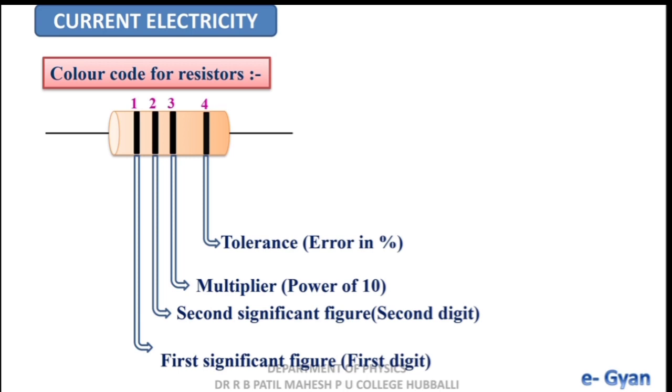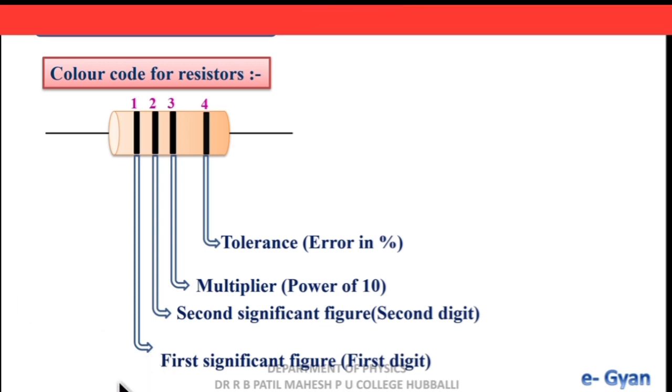First band represents the first digit number. Second band represents the second digit number. Third band represents the multiplier or power of 10. Fourth band represents tolerance. How to find the values?